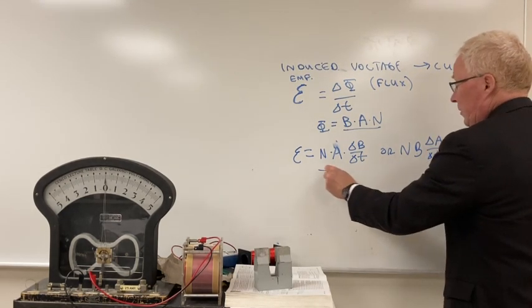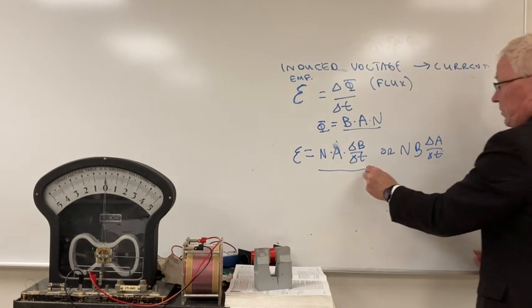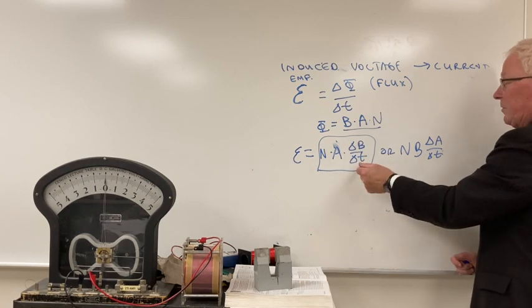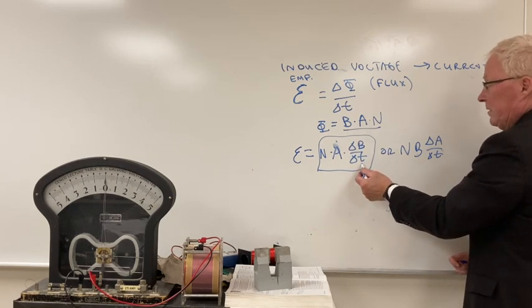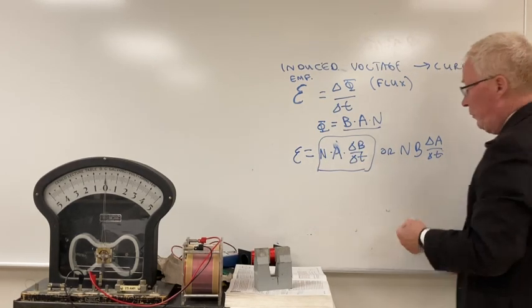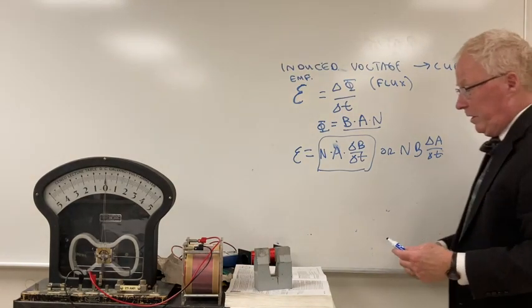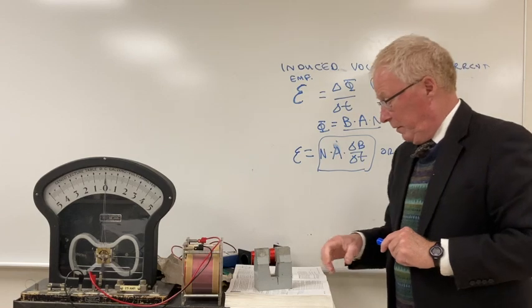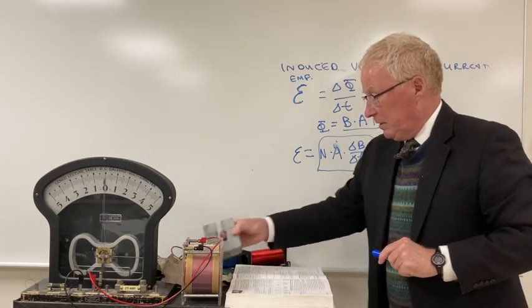For the most part, we're going to be using just this expression. So how fast we change the magnetic field over time, how fast this changes will give us what we call an induced voltage or an induced EMF. So we're pretty much going to be doing this on a qualitative basis as far as that's concerned.